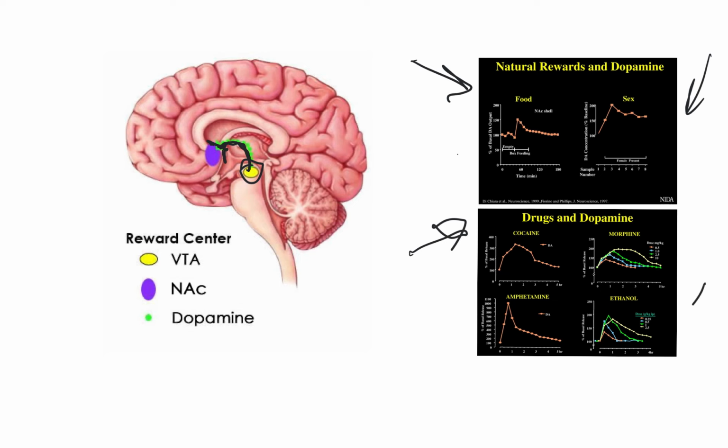What we see in the final graph here is ethanol. So with higher doses of ethanol, we have longer release of dopamine, but still the same basic amount of dopamine. The dose is really going to be what determines how long that dopamine is around for in the brain.